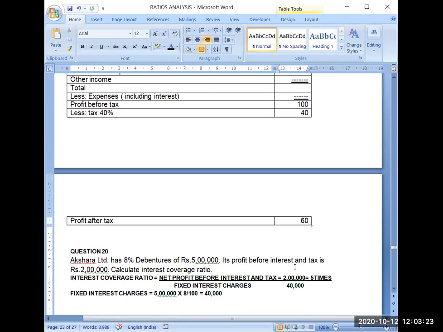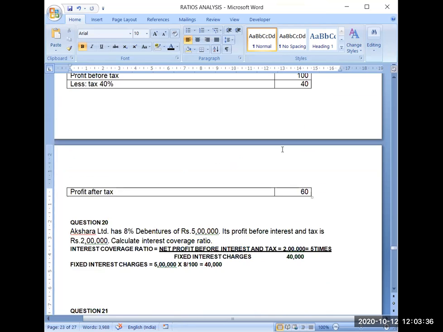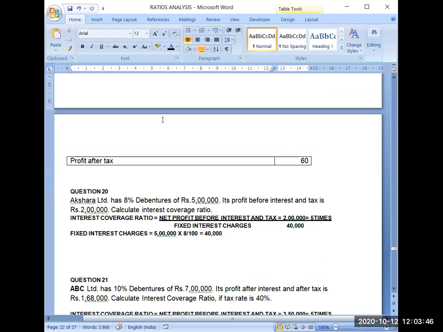Now divide this profit by that percentage and multiply it by 100, and I will get profit before tax in absolute terms. In this amount I have added the interest of 70,000, so I got profit before interest and tax.